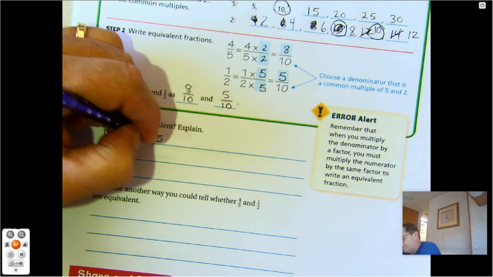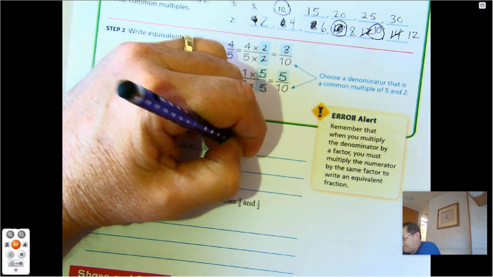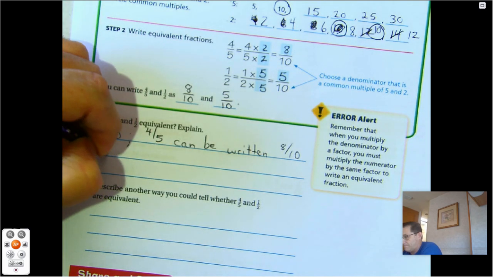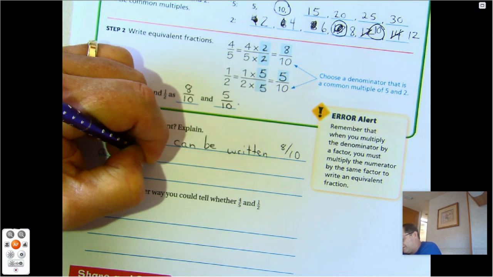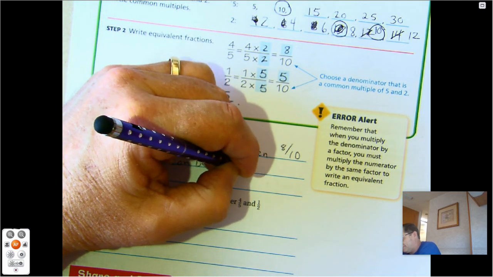4/5 can be written as 8 tenths, and 1/2 can be written as 5 tenths.